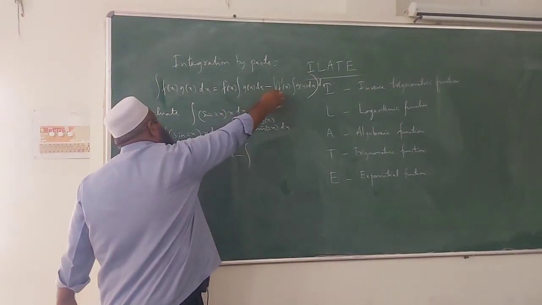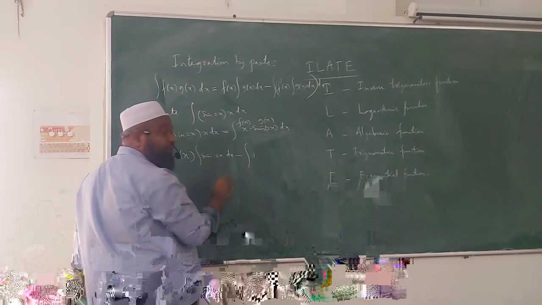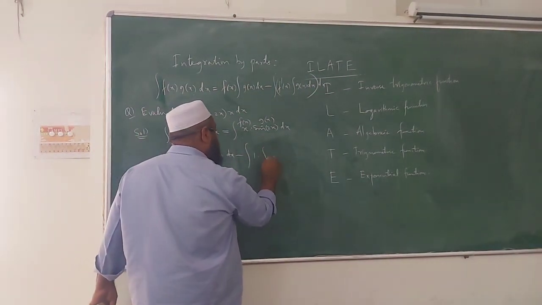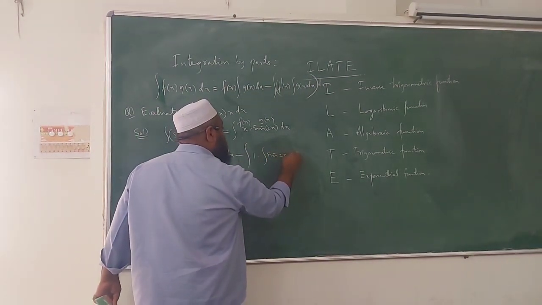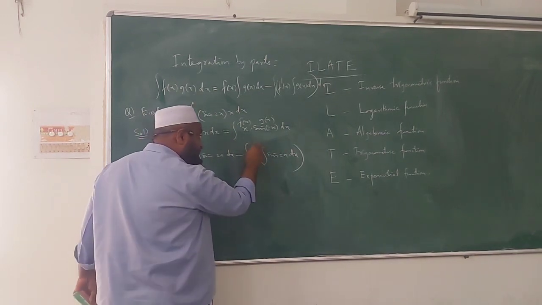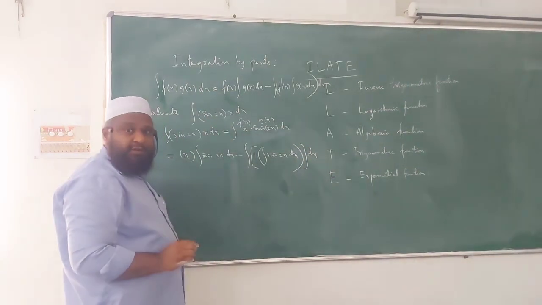This f dash x is nothing but the derivative of x, that is 1, into integral of sine 2x dx, this complete multiplied with this whole dx. I hope you are clear.